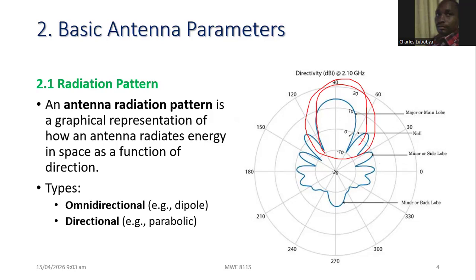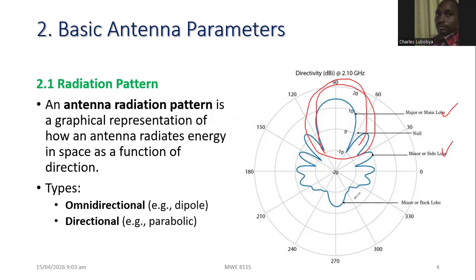So the direction is in the 90 degrees direction, and this one is called the main lobe. So you have the main lobe here. Then you've got these small lobes called side lobes.